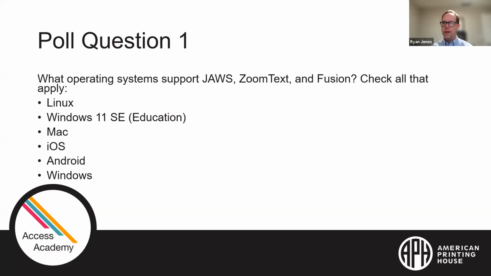Yeah, so the correct answers are Windows and Windows 11 SE. We threw that Windows 11 SE in there because that's a special education version of Windows 11 that Microsoft has put out. I don't know how widespread it is. It's fairly new from Microsoft, so I suspect it might be used more and more over time by schools.